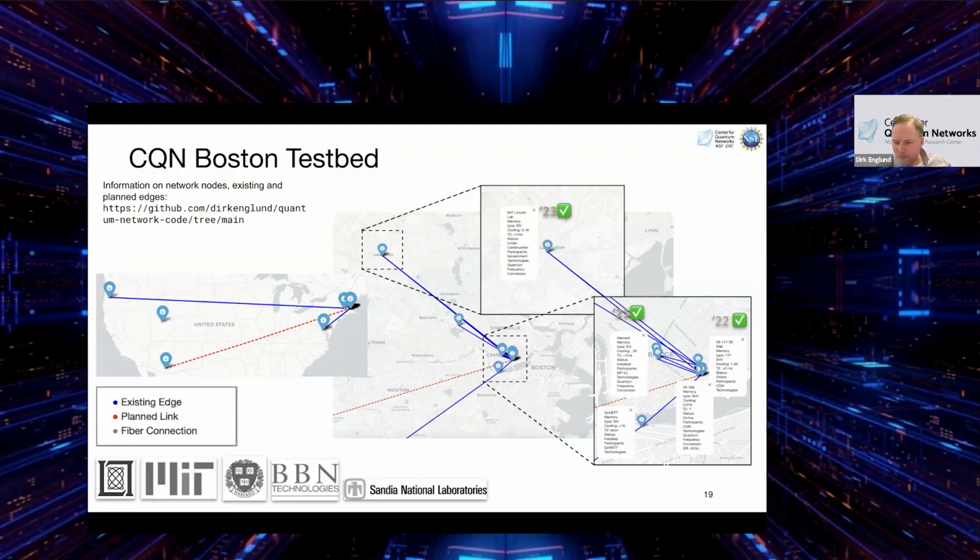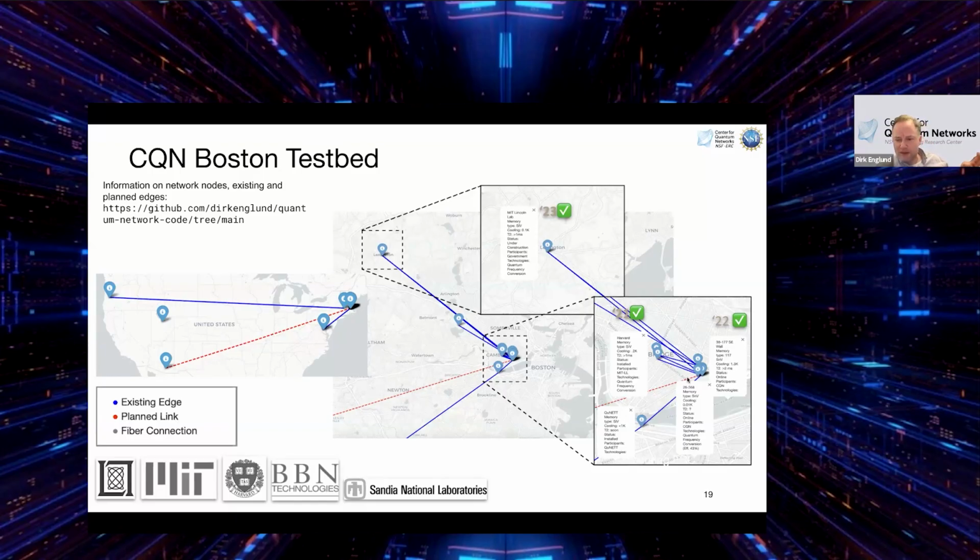So just to give you a sense of the scale of one of the leading networks in the States: maybe a dozen quantum memory nodes, in this case just single or a few qubits each, connected by optical fiber that runs through the ground in dark fiber in the Cambridge area.